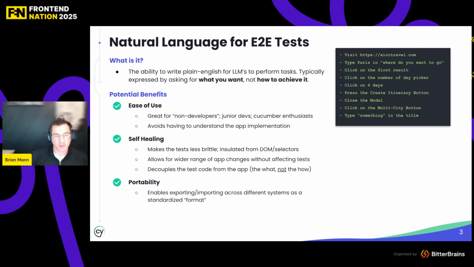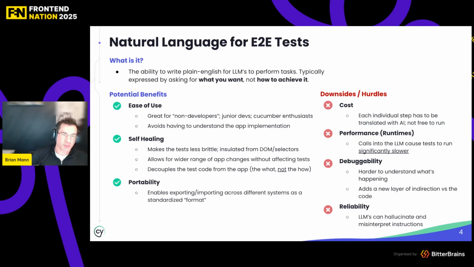There's also benefits like portability. Being able to write your instructions in plain English allows for greater portability and integration to other systems. So you could basically ingest, export, or migrate those instructions between systems.